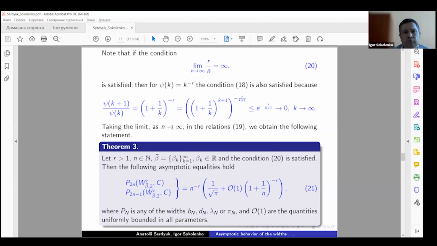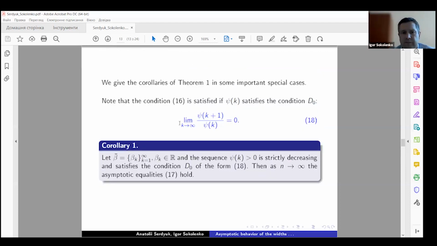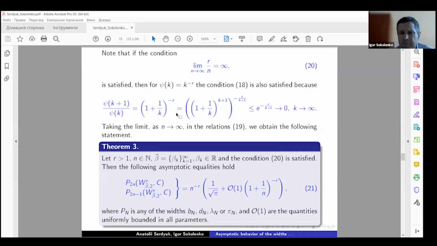And note that if the condition, the limit of r divided by n equal to infinity, is satisfied, then for c of k equal to k to the power minus r, the condition 18, this limit is equal to 0, is also satisfied, and we have theorem 3.